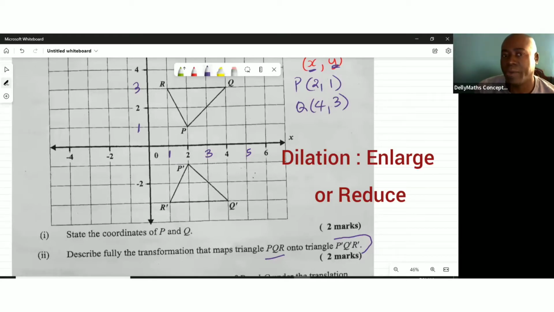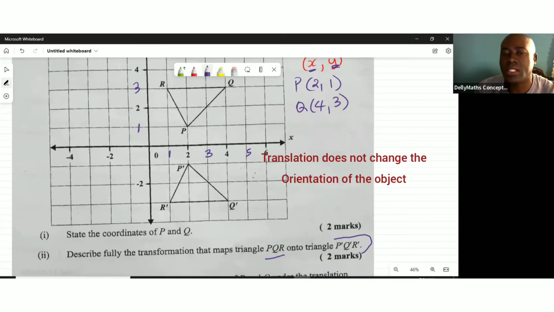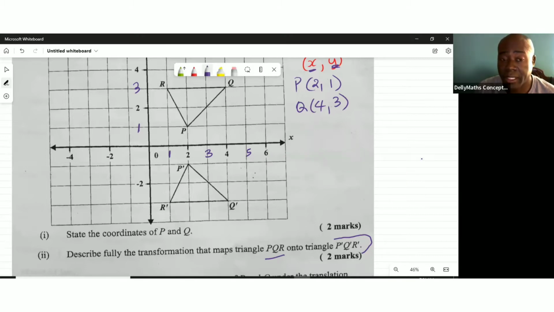When we look at this, we realize that the size was not changed, so it's not a dilation. A translation is the transformation that does not flip or turn the image. It just changes the location, and the orientation of the image and the object would be the same. This is very different, right?